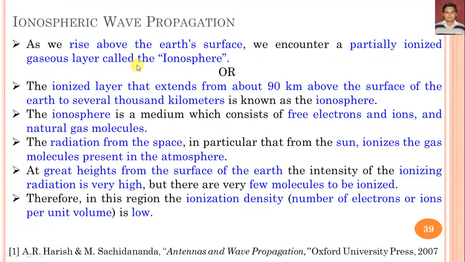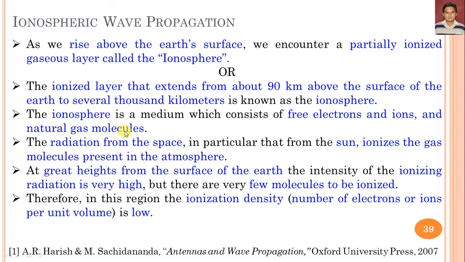The ionized layer that extends from about 90 kilometers above the surface of the earth to several thousand kilometers is known as the ionosphere, as shown in figure 1 of this series.